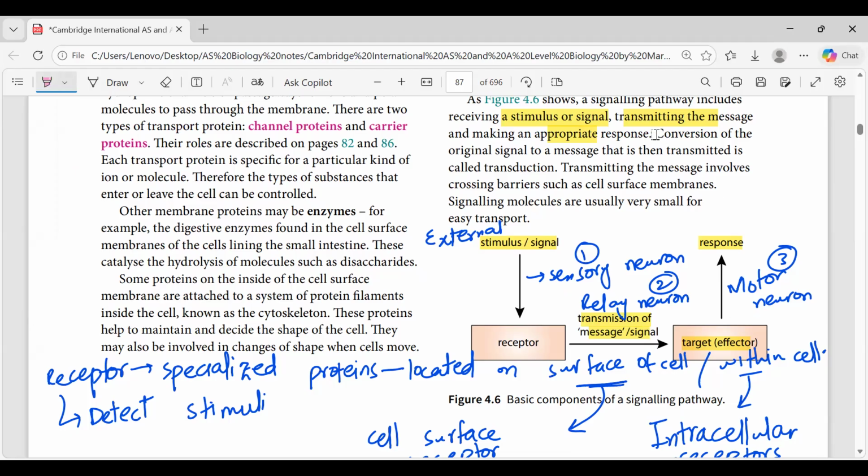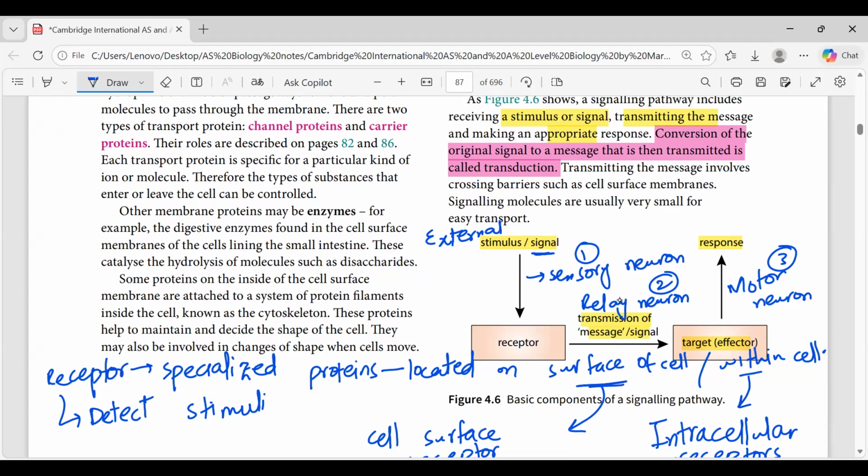The conversion of the original signal to a message that is then transmitted is called transduction. Remember this, it is very important. This was the original signal, the stimuli, and now the receptor has converted it into a message, and that will be transmitted further.